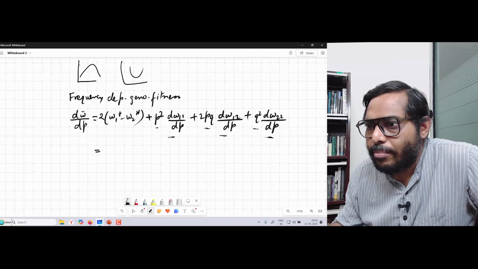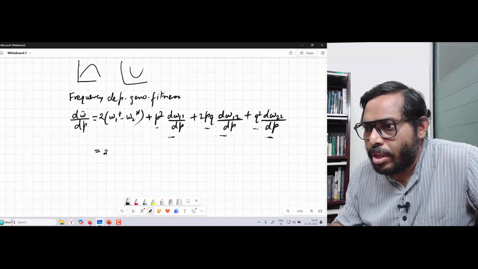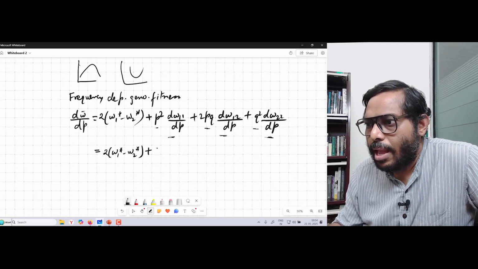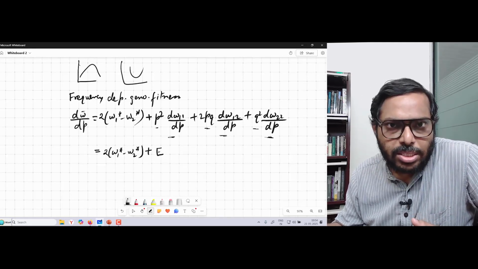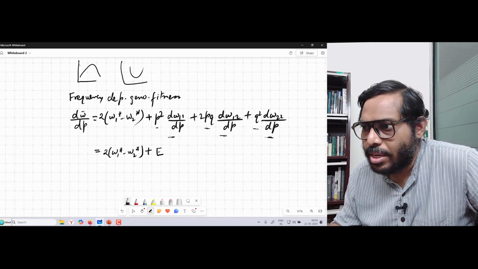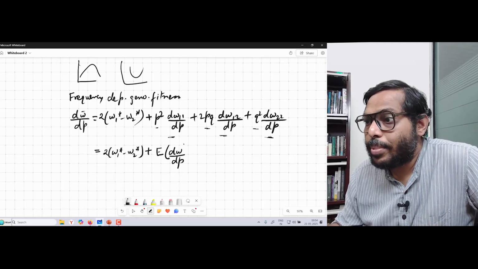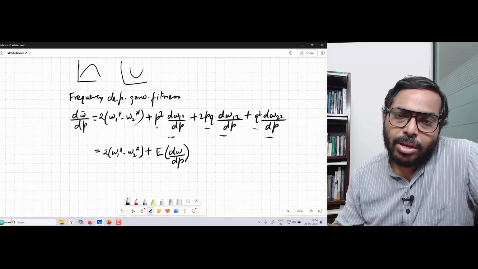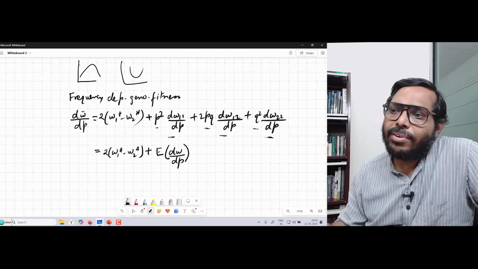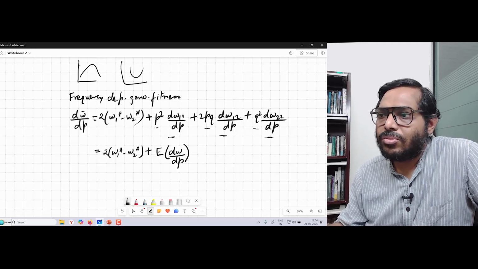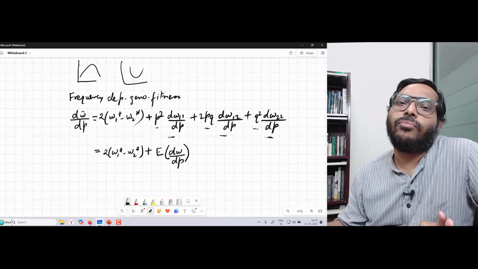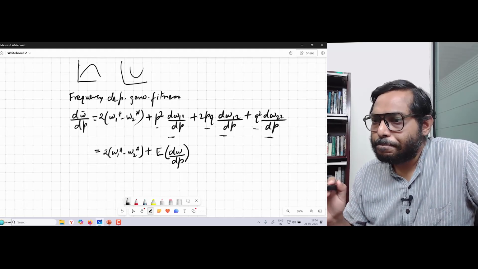So this can be written as 2 W1 star minus W2 star plus the average, which in the statistical sense is also known as the expectation, of dW dP. Note, this is not dW bar, it is the expectation of dW dP, which essentially means the average over these 3 derivatives of these 3 genotypic fitnesses, right.